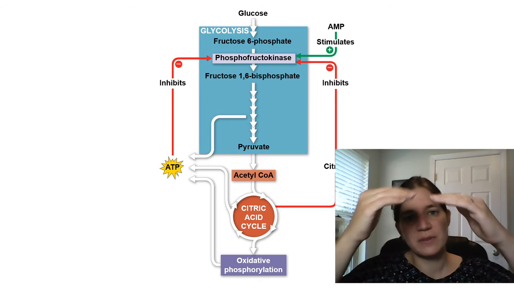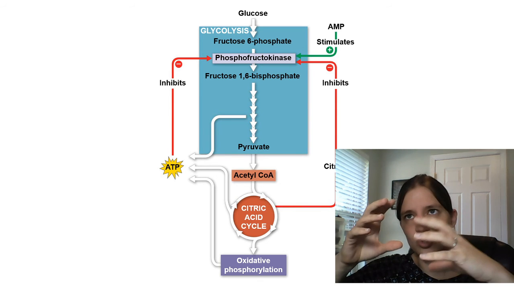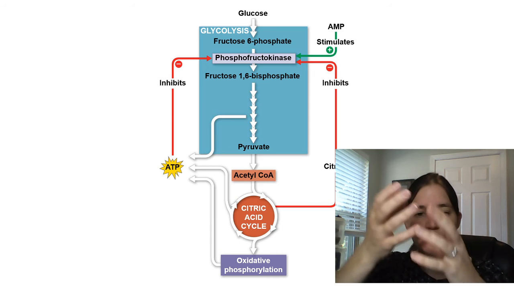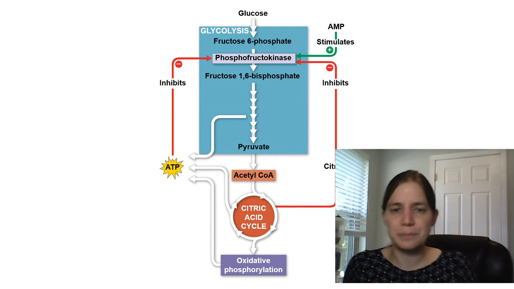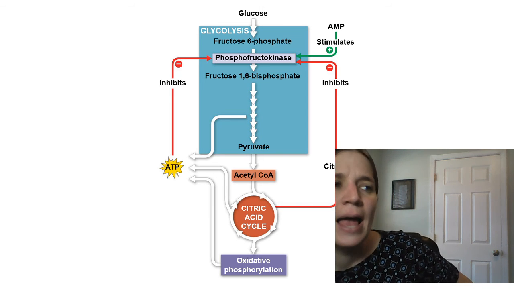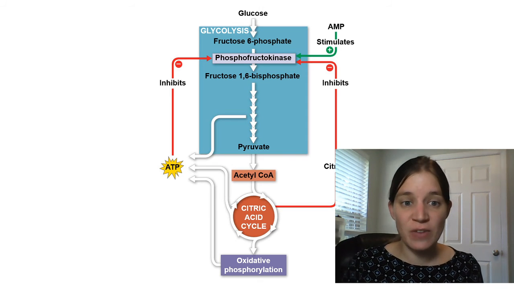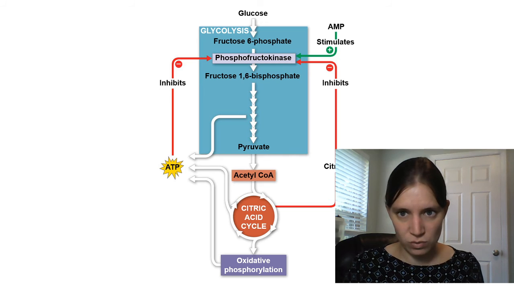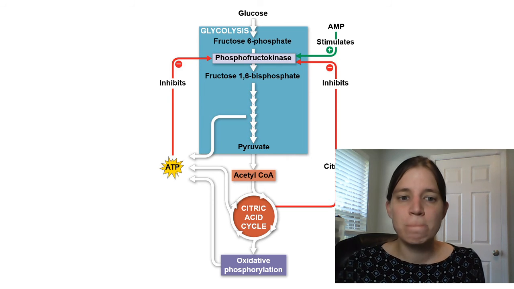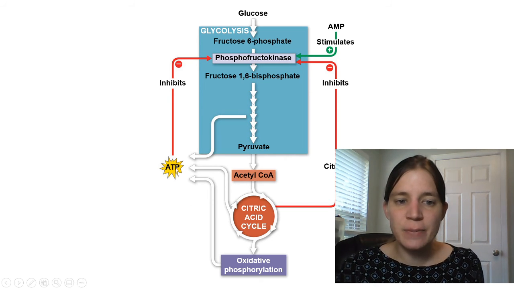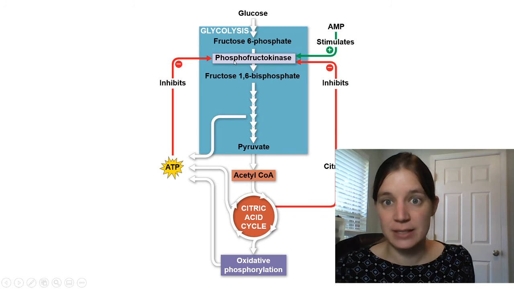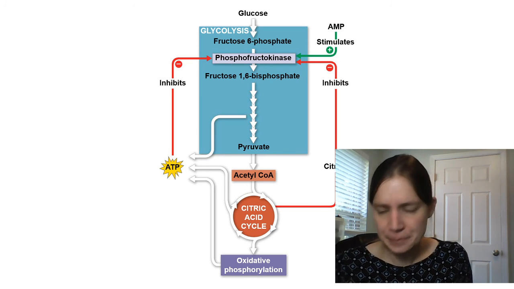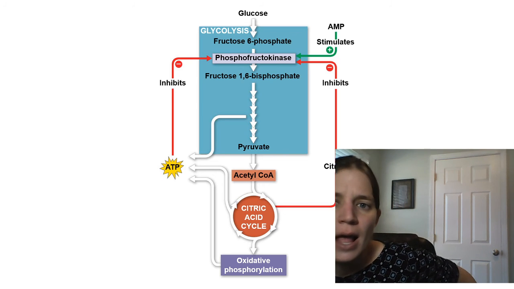One of the first steps of glycolysis is as it's trying to get glucose prepared to be changed into pyruvate. Well, if the cell has a bunch of ATP floating around, right? There's plenty of ATP. This ATP acts as an inhibitor of the enzyme.